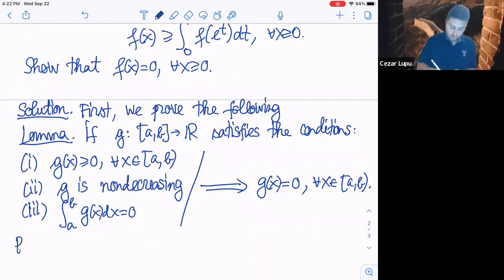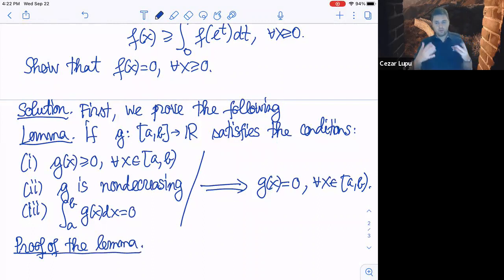So let's prove this lemma. The proof goes along similar lines to the lemma when g is continuous.